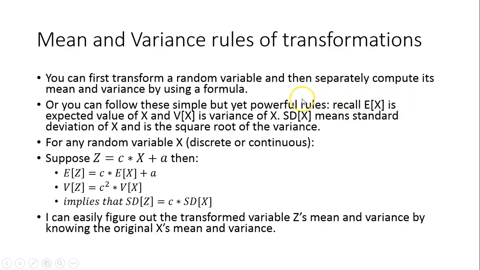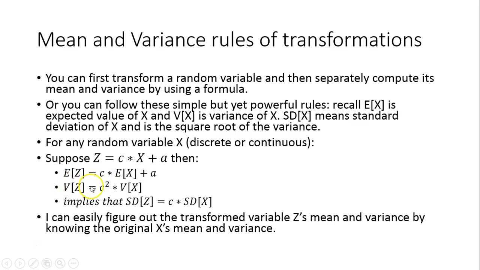Recall E[x] is the expected value of x, and V[x] is the variance of x. The standard deviation of x is the square root of the variance. For any random variable x, it doesn't matter if it's discrete or continuous, suppose that I know the transformation formula of how I transformed x to get z. Then the expected value of z is simply c times the expected value of x plus a.